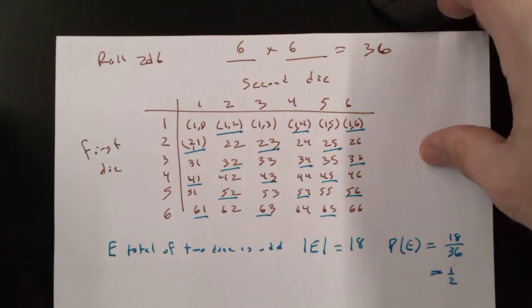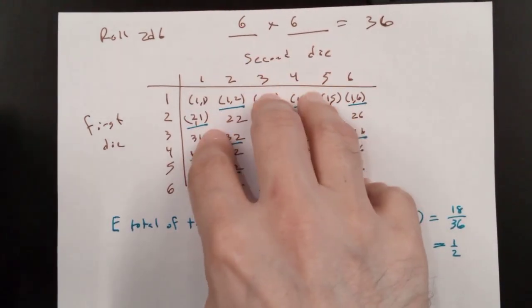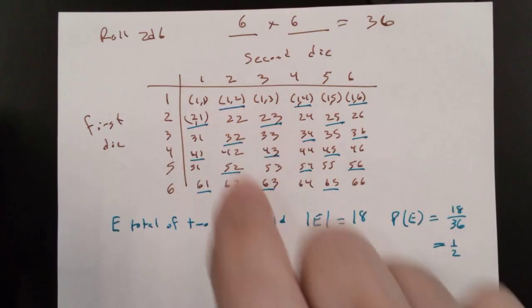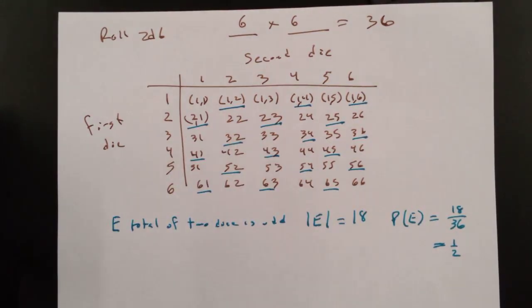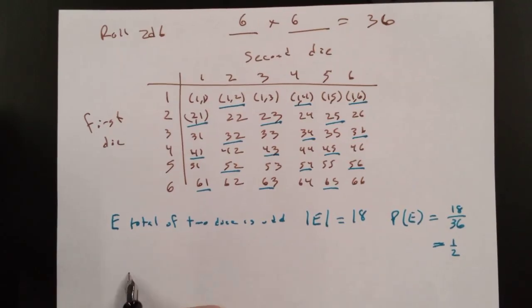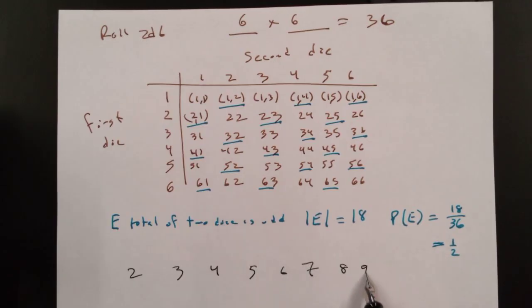But now I can say the reason I used this table instead of the list 2 through 12, right? Because if you add the numbers and you're looking at the total, the totals are either 2 or 3 or 4 or 5 or 6, all the way up to 12.